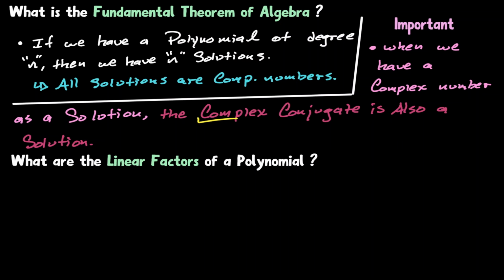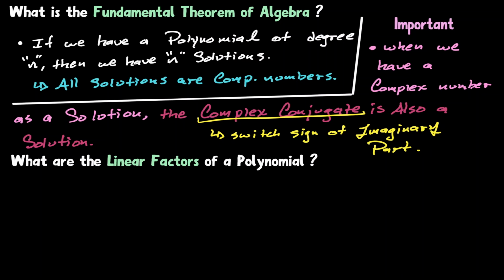And just a reminder, a complex conjugate is when we switch the sign of the imaginary part in a complex number.